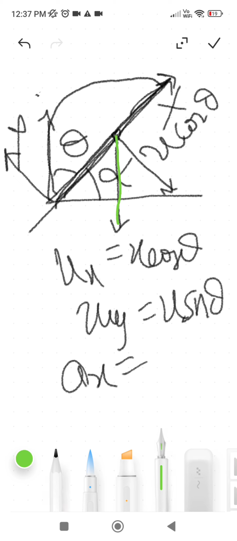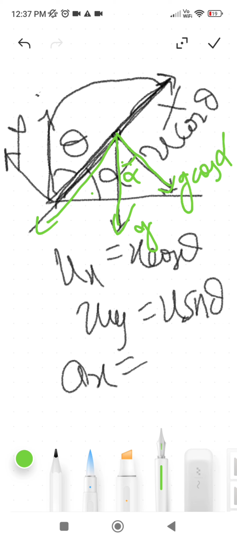If here it makes an angle alpha, then here as well we get an angle alpha. So the nearer to alpha is, acceleration is g. It acts downwards initially in this direction. I resolve into components. This is g cos alpha. This is g sin alpha.